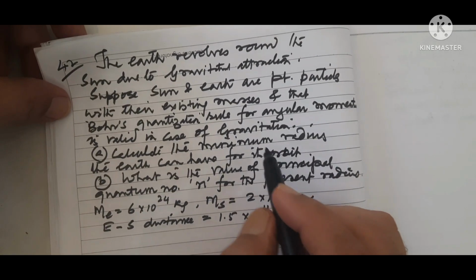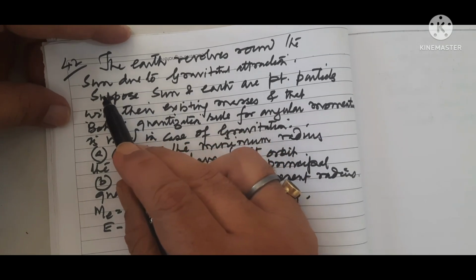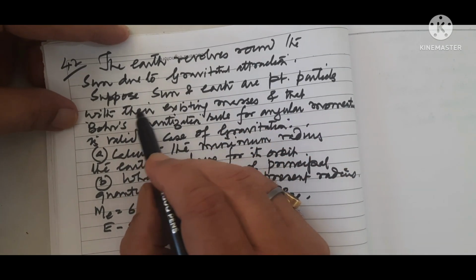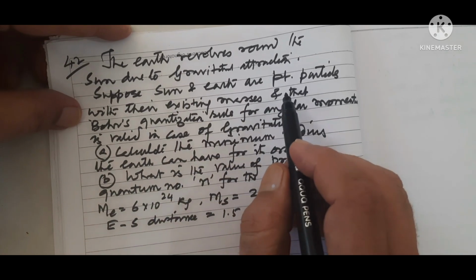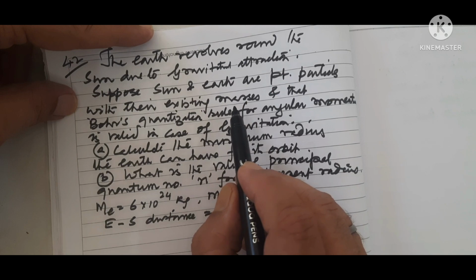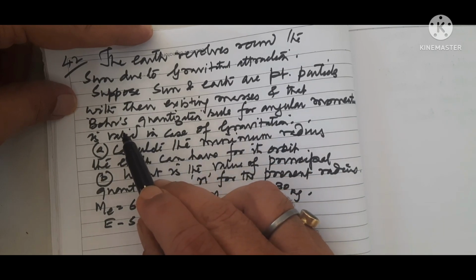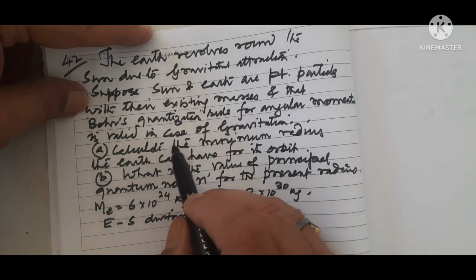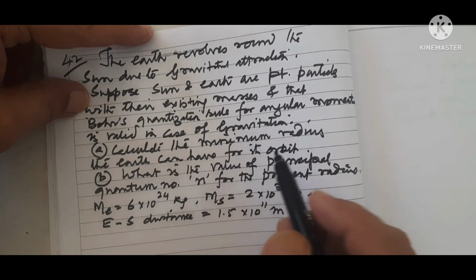Another interesting question: the earth revolves around the sun due to gravitational attraction. Suppose sun and earth are point particles with their existing masses and that Bohr's quantization rule for the angular momentum is valid in case of the gravitation.